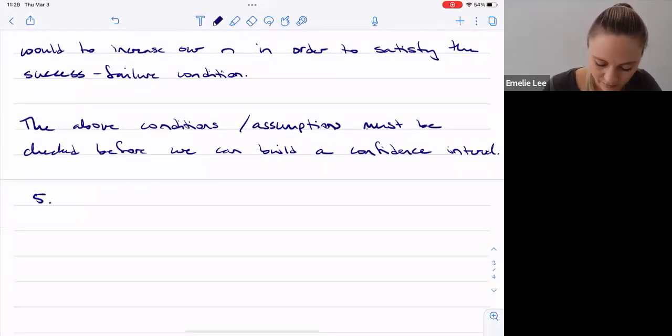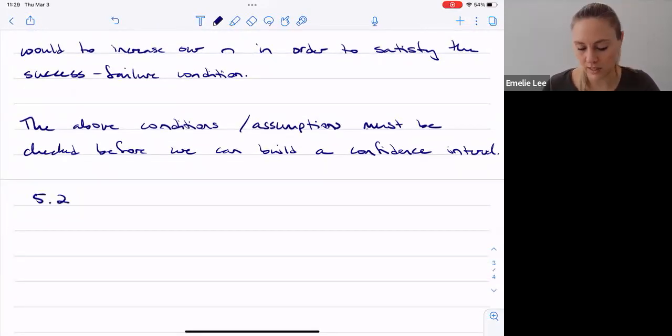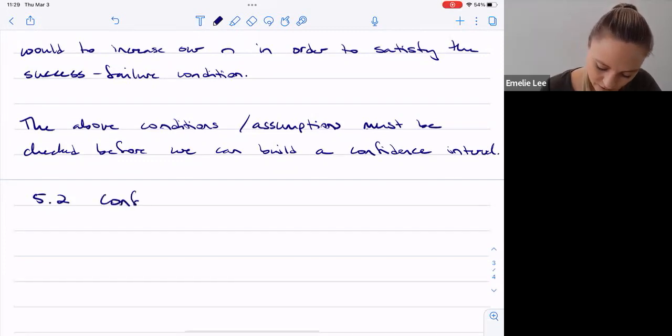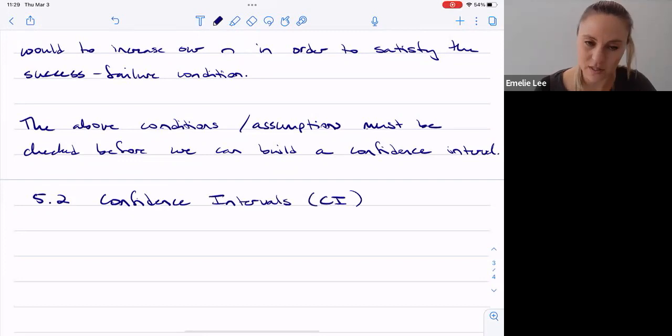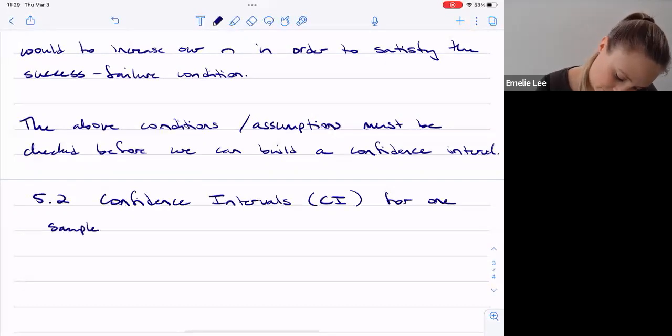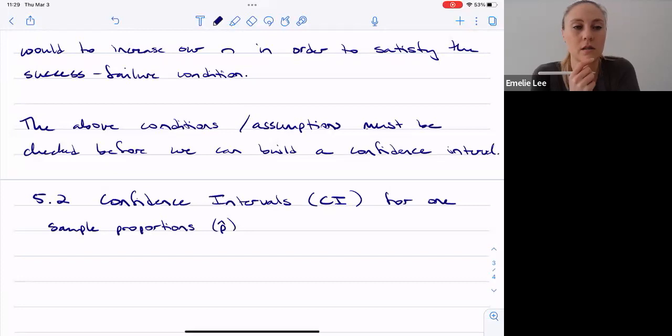So section 5.2 is confidence intervals. And usually I just abbreviate them CI for one sample proportions, p hat.